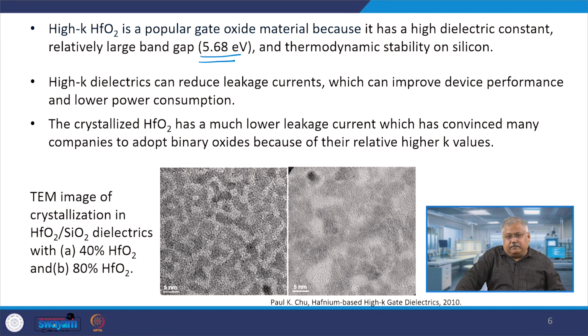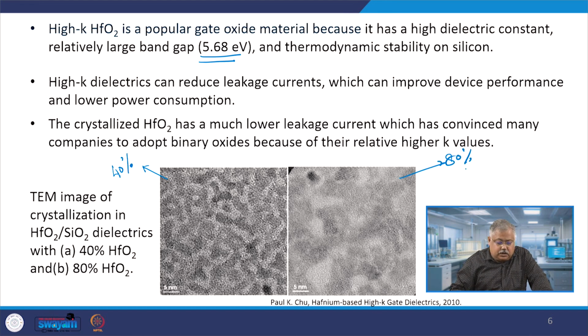Moreover, crystalline HfO2 has a much lower leakage current, and many of the binary oxides, because of their relatively high K value, have been adopted. If you look at the figure here, which is basically a TEM image, this is crystalline HfO2 and silicon dioxide. In the first case, it is 40% HfO2, in the second it is 80% HfO2.